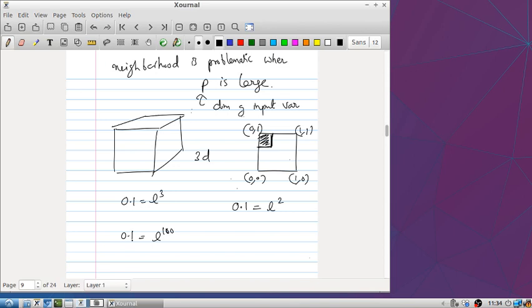Okay, and it so happens, for 1000 dimensions, whatever, that the choice of L which will give me 10% of the volume, the value of L actually goes to 1 as you increase dimensions. In 2 dimensions there's some L which is square root of 0.1. I don't know what that value is actually. There is a plot in the. Let me just guess this.